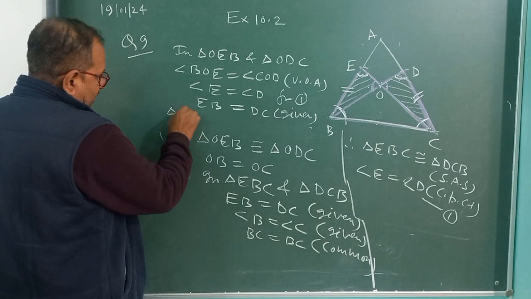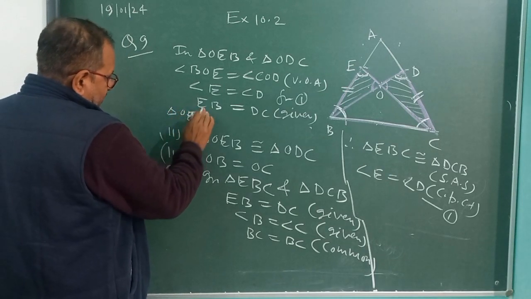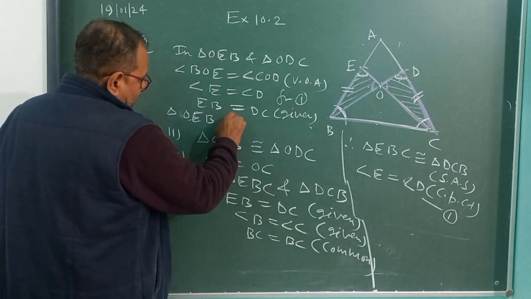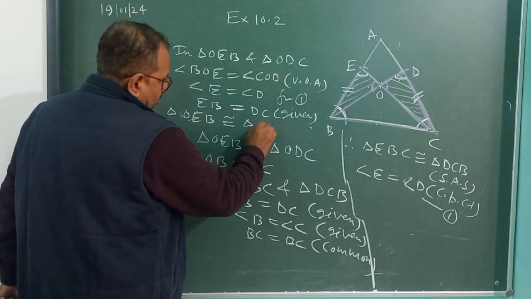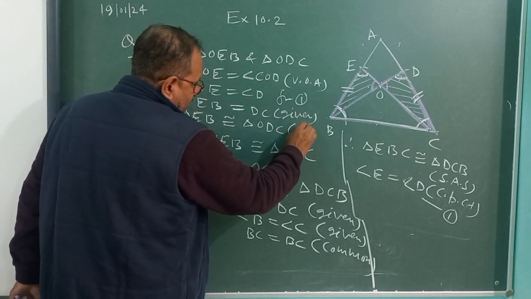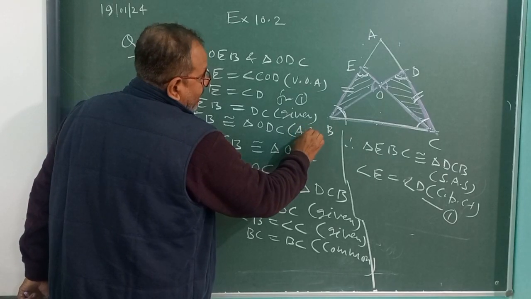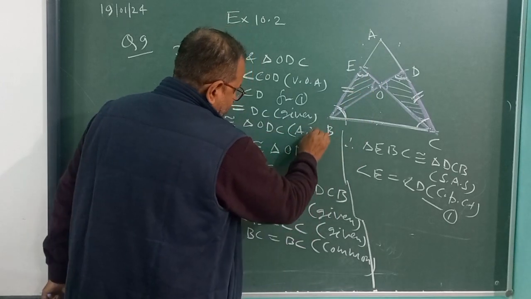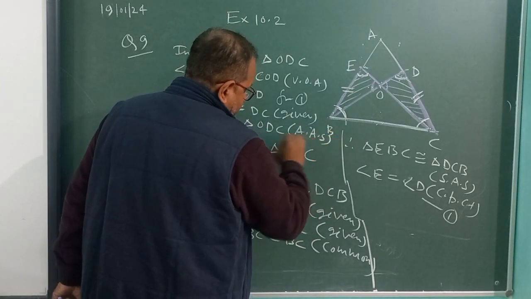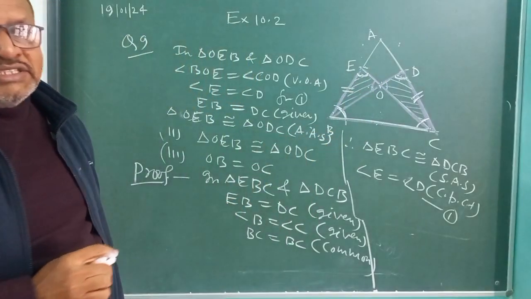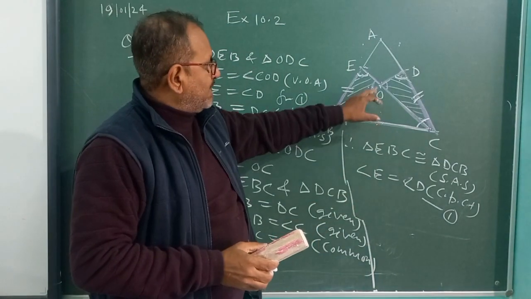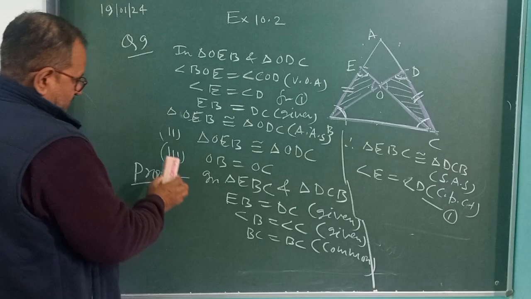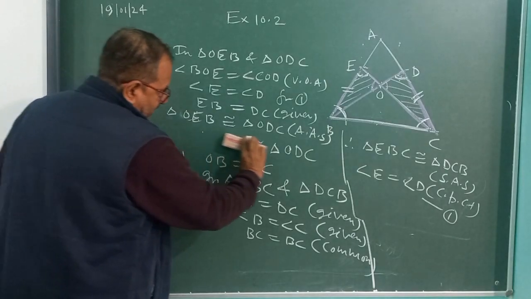So write it. Triangle OEB congruent triangle ODC by angle angle side. Sorry, it is not angle side angle. It is angle angle side. So second part completed.